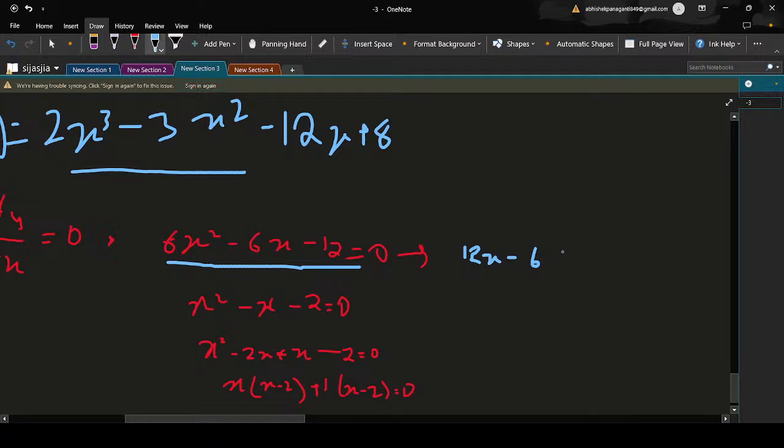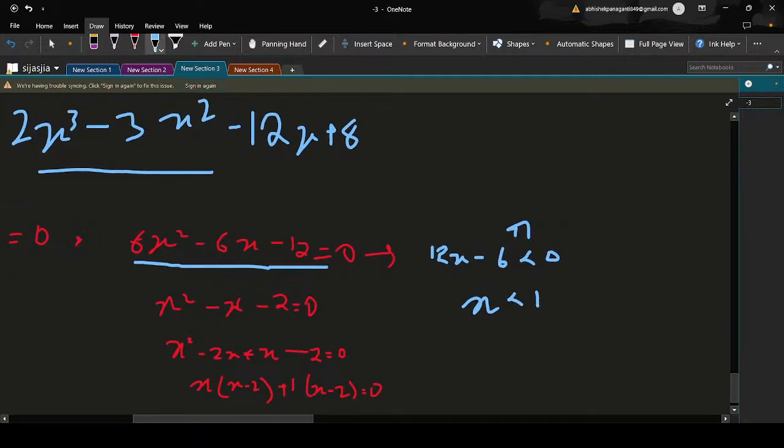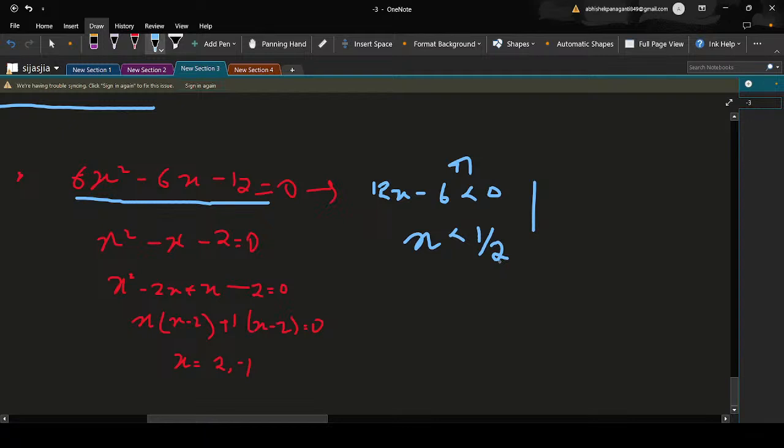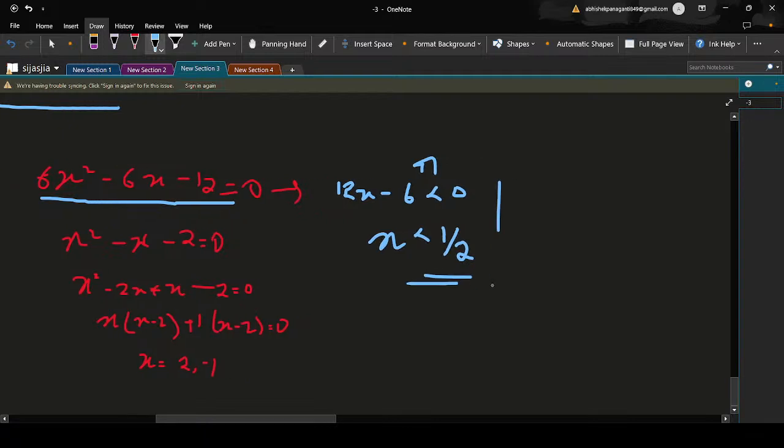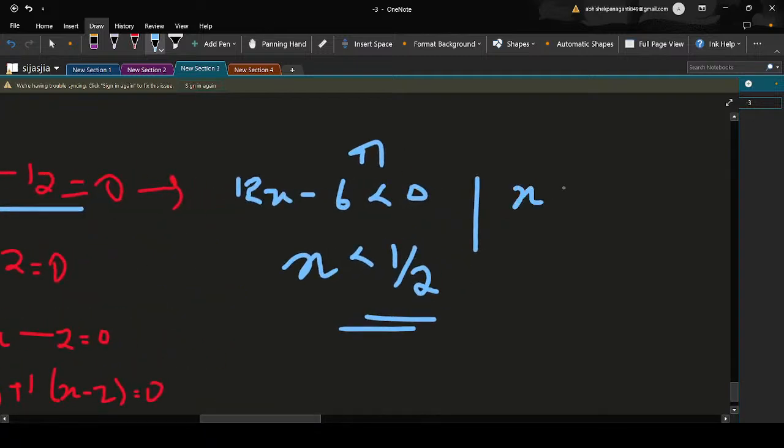It should be less than 0, so x should be less than 1 by 2, and this would be the local maxima. And if 12x minus 6 is greater than 0, x is greater than 1 by 2, and this would be the minimum.